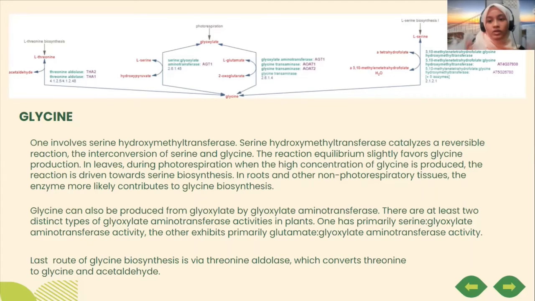But overall, both activities will produce glycine. The last one is glycine biosynthesis using threonine aldolase, which will convert threonine to glycine and acetaldehyde, which is the left part of the diagram.